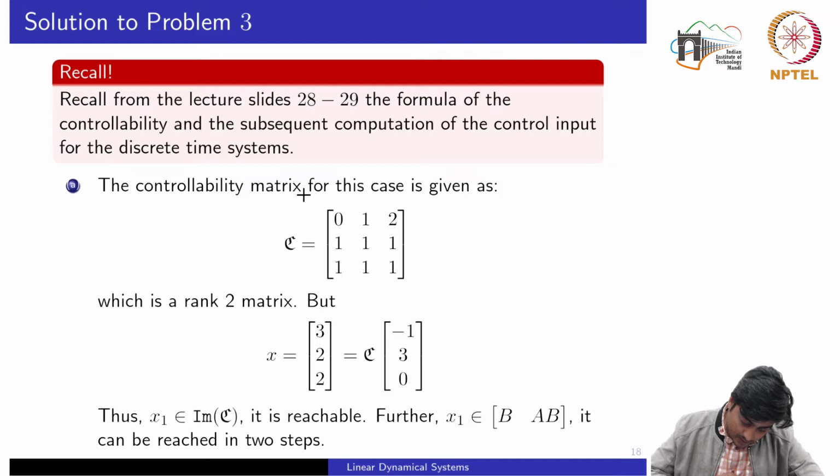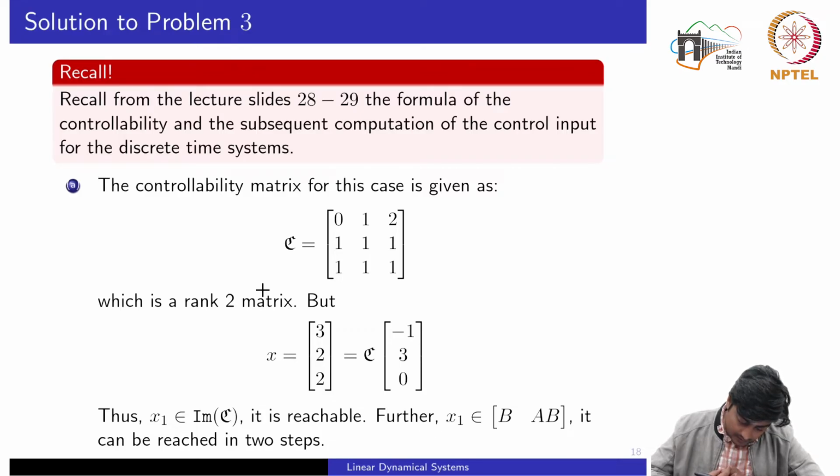So first of all, we compute the controllability matrix, which is given by this one, by using the standard formula which we had seen in problem 1. Computing the rank of this controllability matrix, we find that it is a rank deficient matrix because it is not of rank 3.